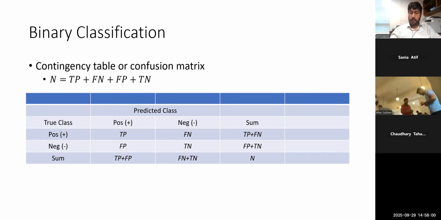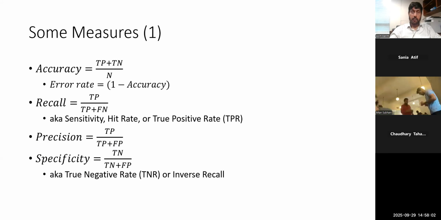So from here you can compute all the other measures. Here I have given the measures. Accuracy, for example, and error rate. Error rate is 1 minus accuracy. Then precision, recall, and then we also have what is known as specificity, which is the true negative rate. So on top basically comes the true negatives, and at the bottom come the total negatives in the data set.